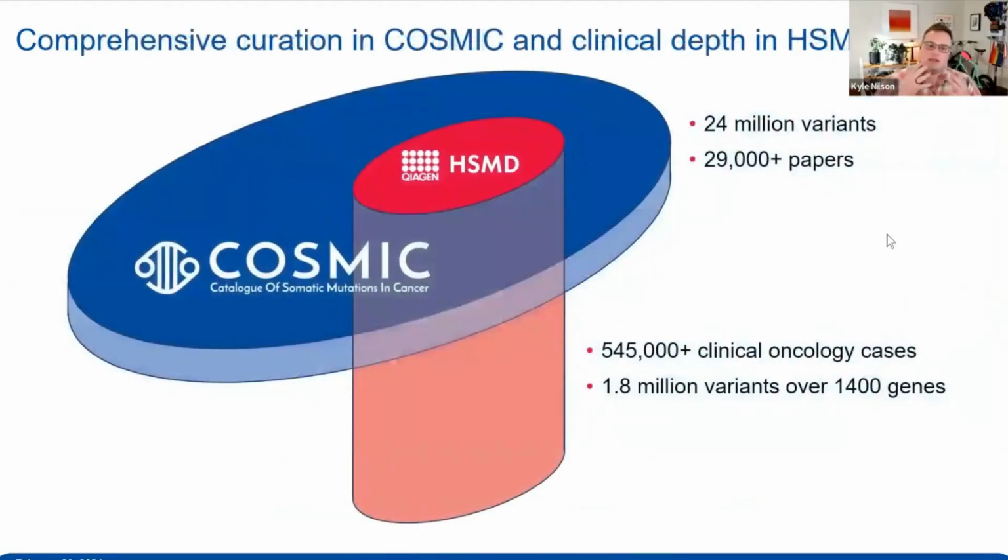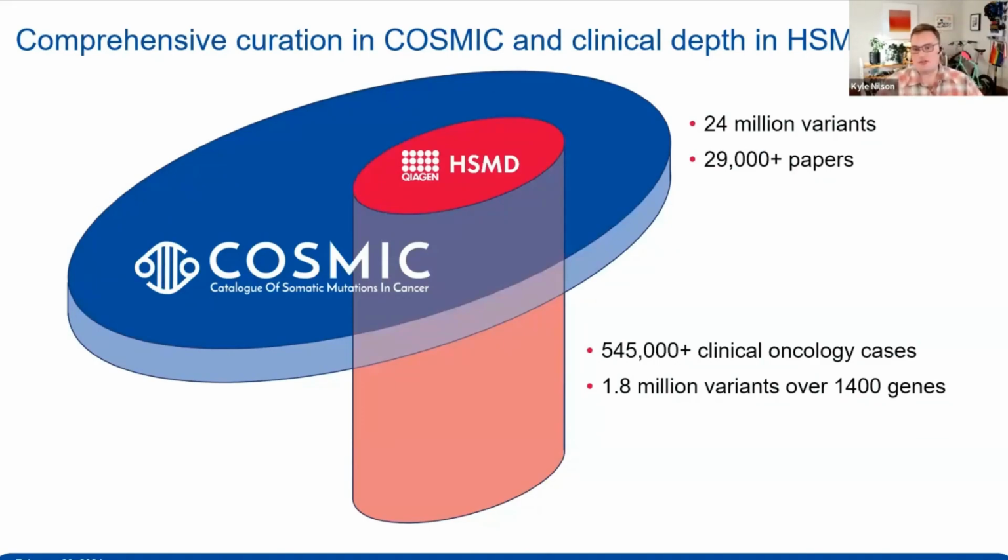However, we like to pair that with our own human somatic mutation database. And in this case, one of the things that we provide is clinical depth. So COSMIC, because it has so many variants, it can sometimes be difficult in order to figure out which variants are the most frequent in a given cancer type.